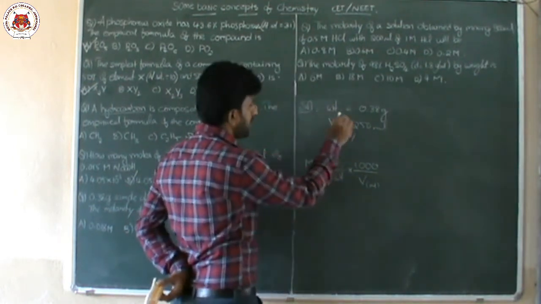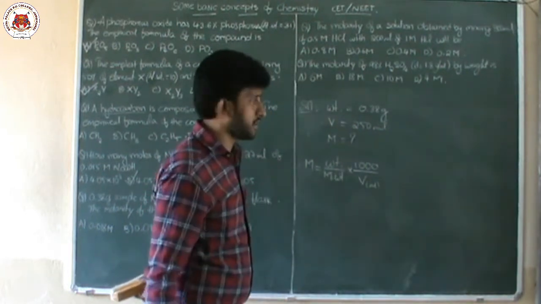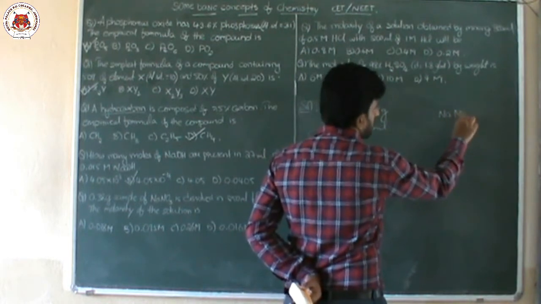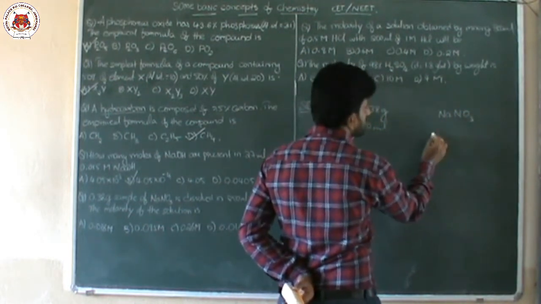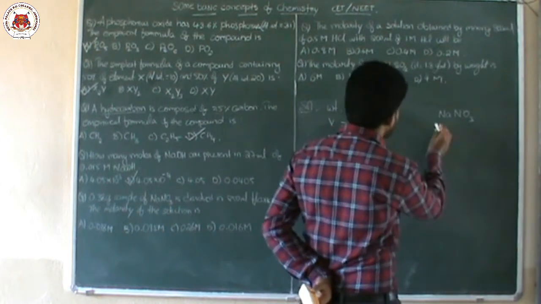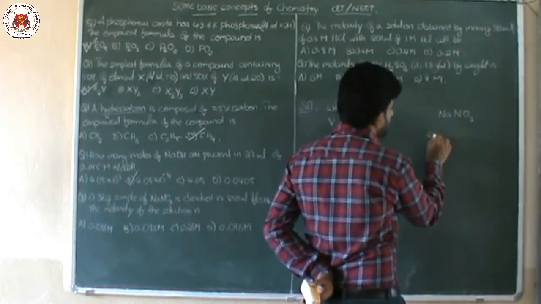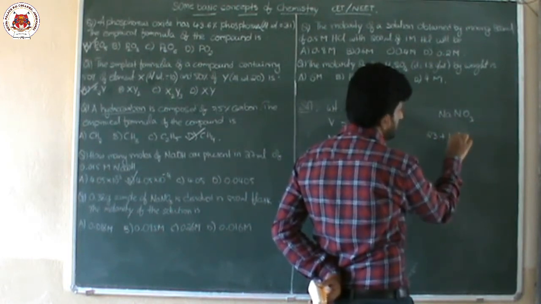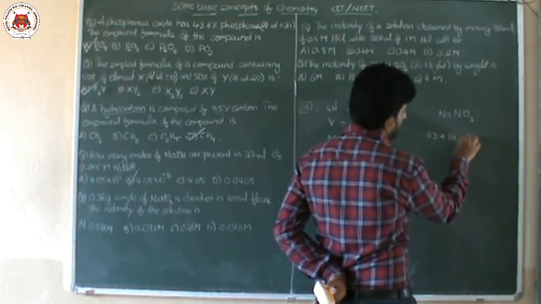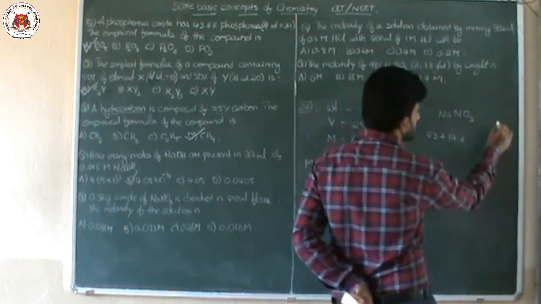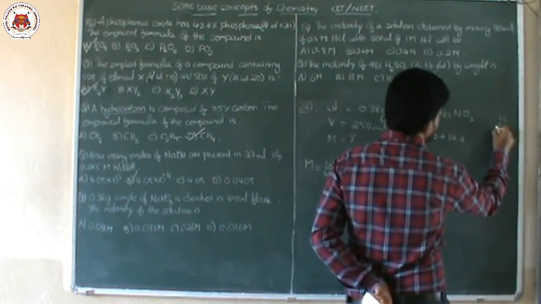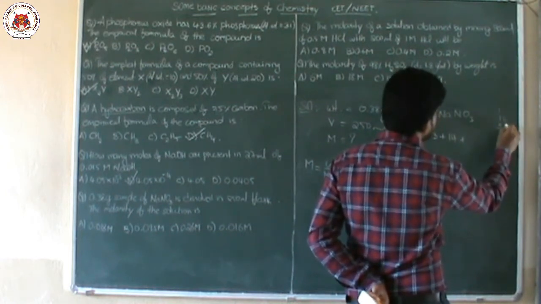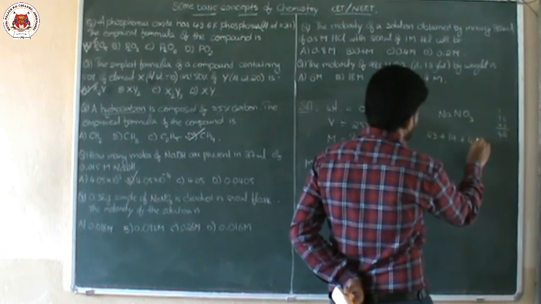Now we have weight, we have volume. What about the molecular weight? NaNO3 molecular weight: one sodium is 23, plus one nitrogen is 14, and one oxygen is 16, so 16 into 3 is 48.